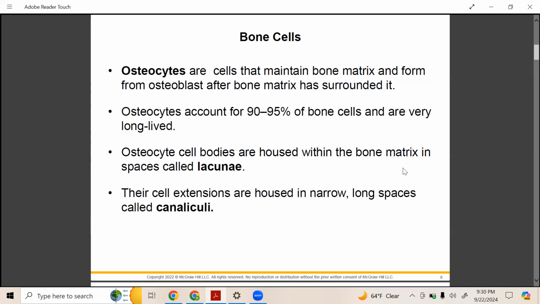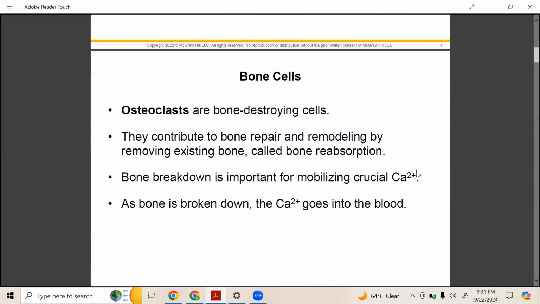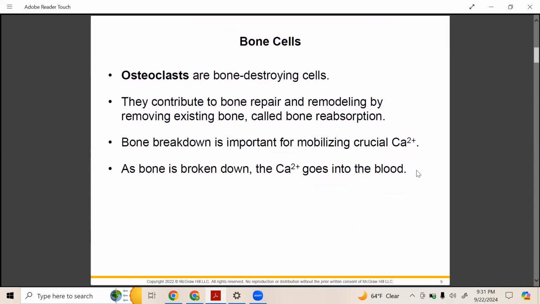Remember we said they're housed in these small spaces called lacunae. So within our bone structure, there's little pockets where our osteocytes can live or be housed. And then there's extensions from these called canaliculi. We'll look at these in a picture in a little bit.